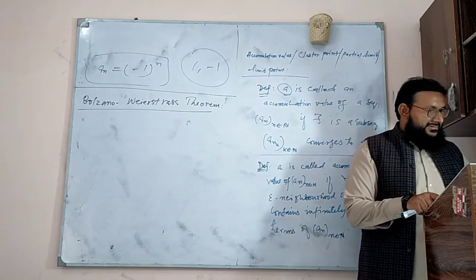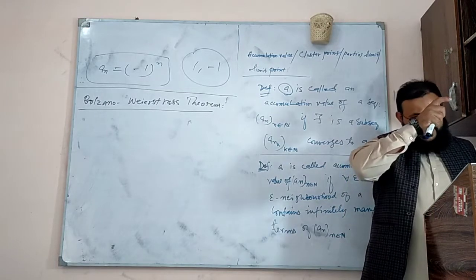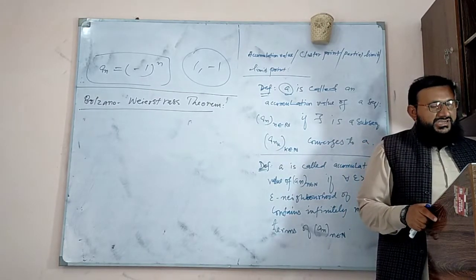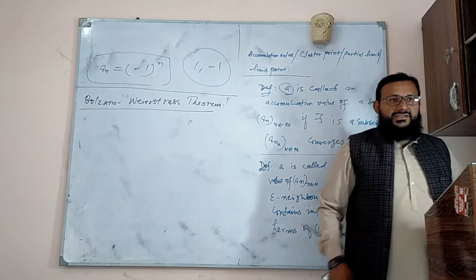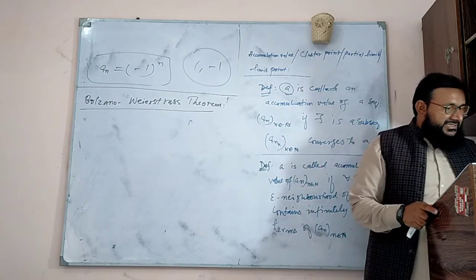Basically these were physicists in the past. But now we have current mathematicians who are purely in the field of mathematics, but in the past they were physicists basically.